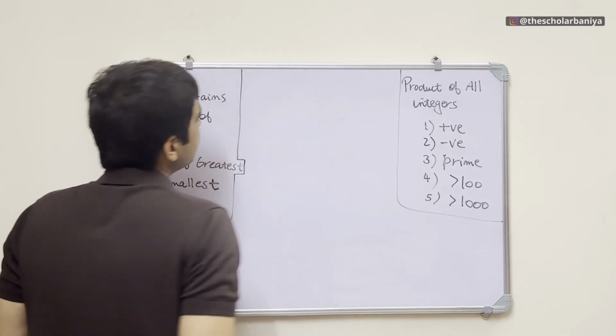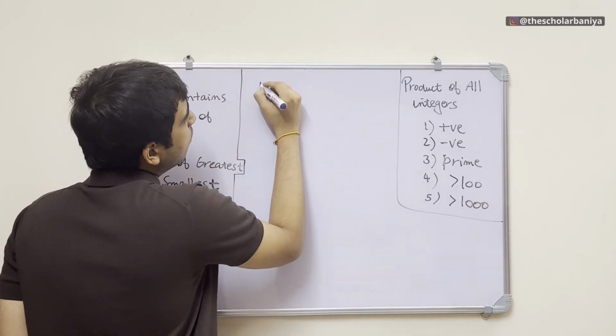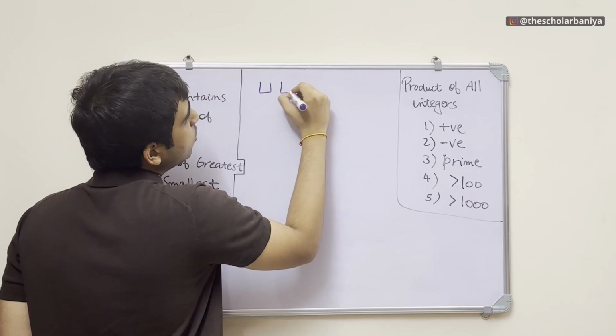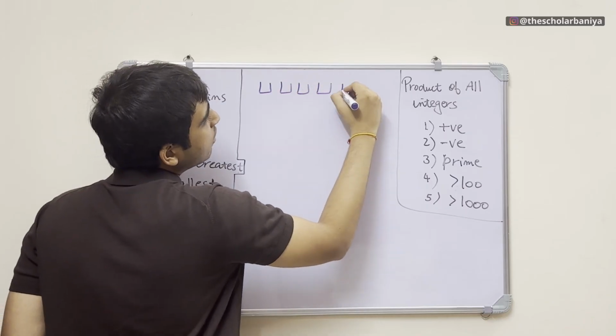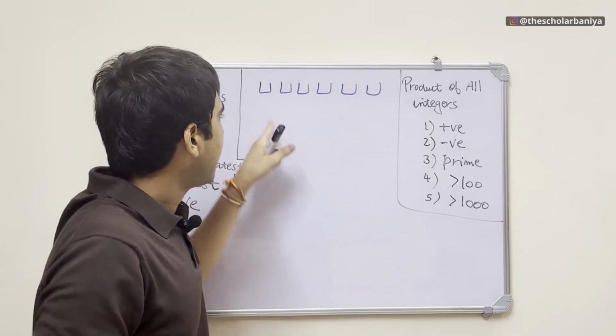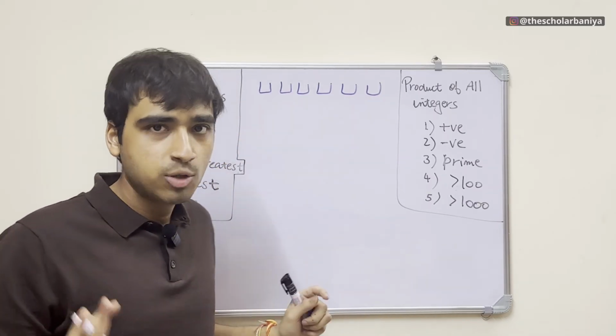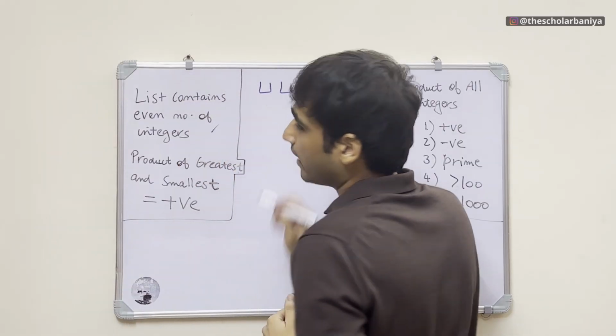So let's assume that there are 6 integers: 1, 2, 3, 4, 5, 6. We have assumed that the total number of integers in the list is 6, which is even. So this condition is satisfied.